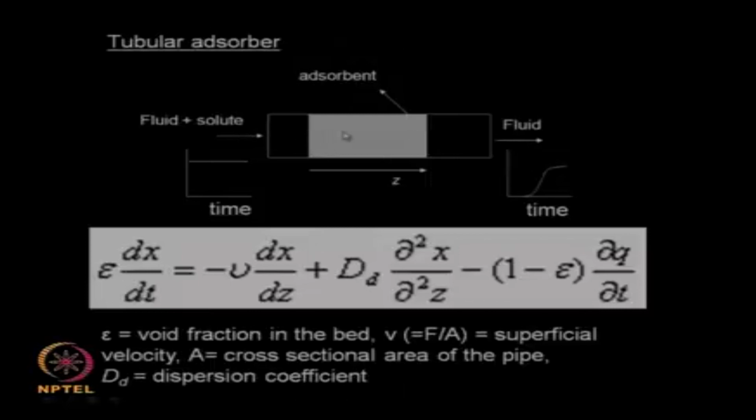As the fluid flows, there is going to be adsorption taking place. As the solute gets adsorbed, the concentration of the solute is going to vary as a function of the length of the tube, okay, and it will also vary as a function of time.